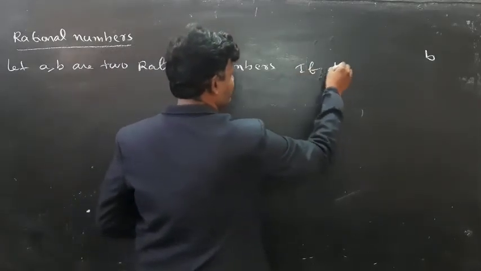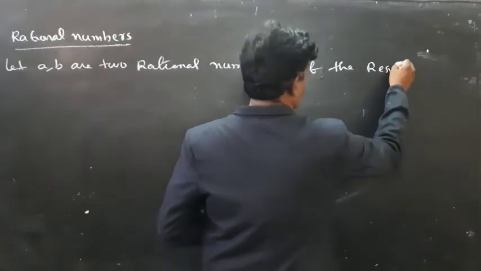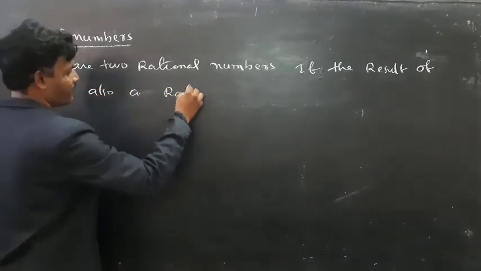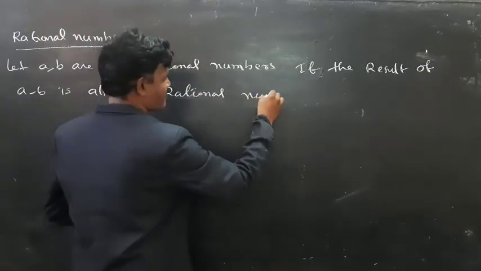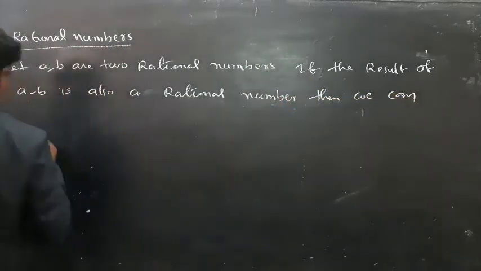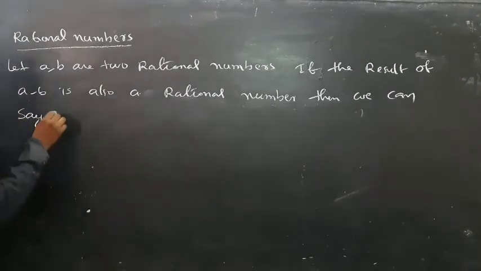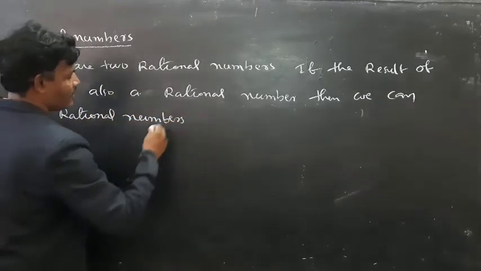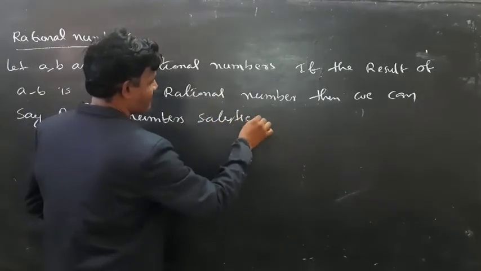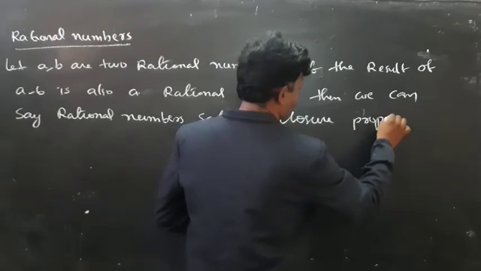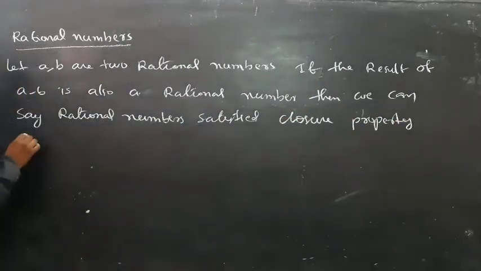If the result of A minus B is also a rational number, then we can say rational numbers satisfied closure property under subtraction.